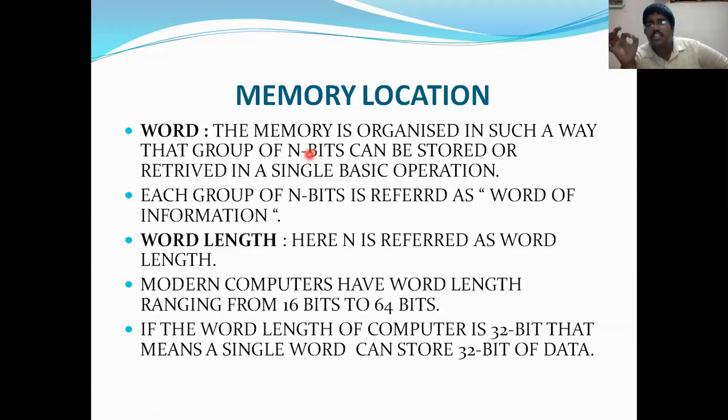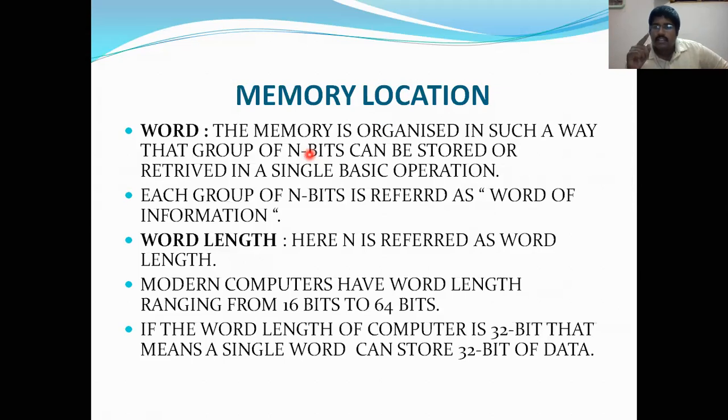Generally the 8086 microprocessor word length is 16-bit, whereas the 8051 controller is only 8-bit. That means the 8086 microprocessor can perform addition, subtraction, multiplication, division, whatever the operation, on 16 bits in one clock cycle, whereas the 8051 controller can perform these operations on only 8 bits in one clock cycle.